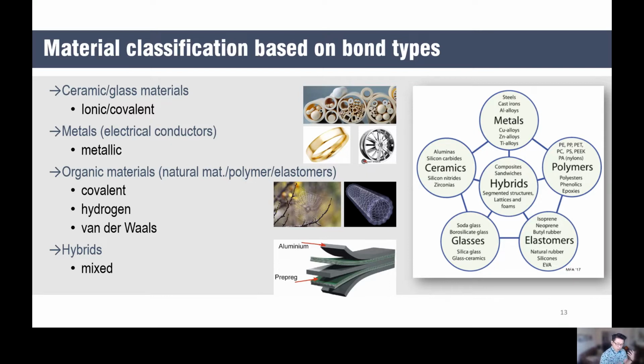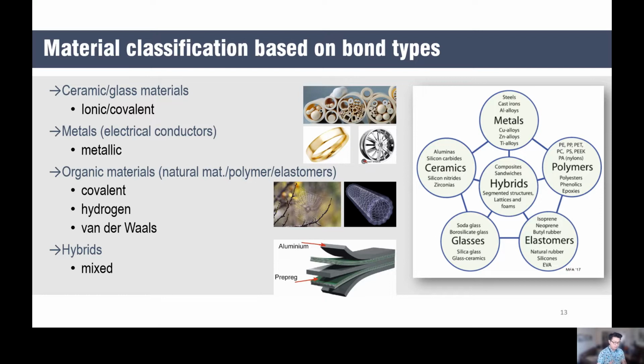Okay, organic materials are another class of materials. It includes natural materials, polymers, as well as elastomers, and those involve both covalent bonds as well as the secondary bonds, which are hydrogen bonds and van der Waals force. And then finally, we have hybrid materials.